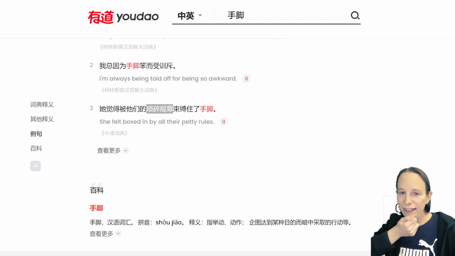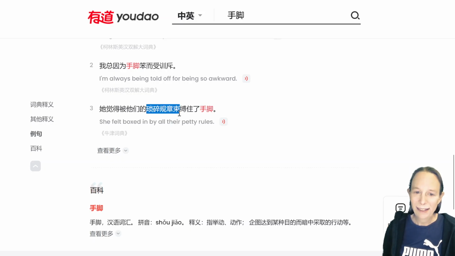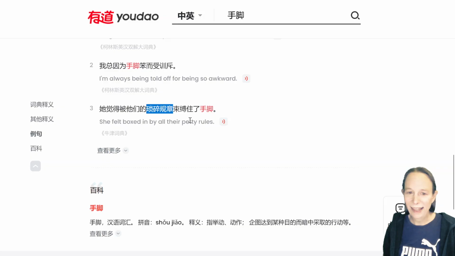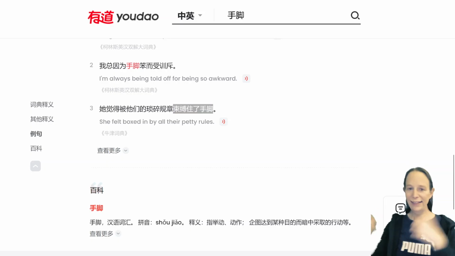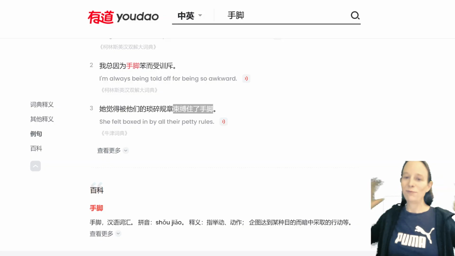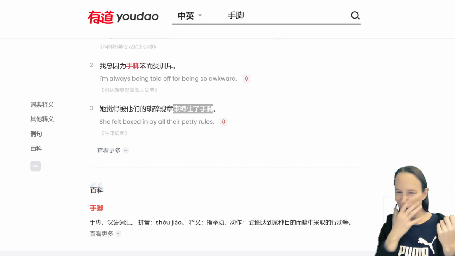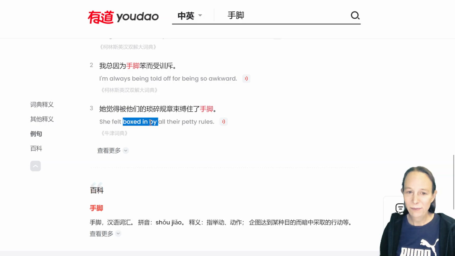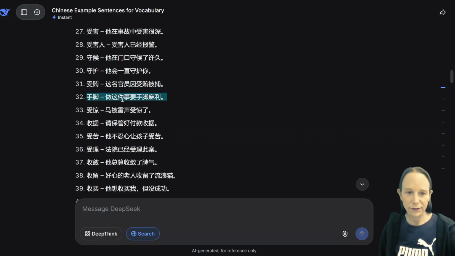It's like trifling matters, and in this case, it's 规章. So it's like silly rules that are just not important. So they're silly rules. She feels 束缚住了手脚, as if her hands and legs are kind of bound, is unable to be free, boxed in. Yeah, all right.